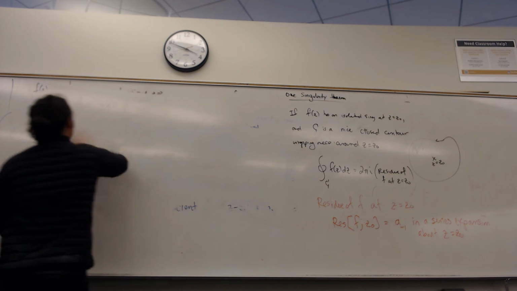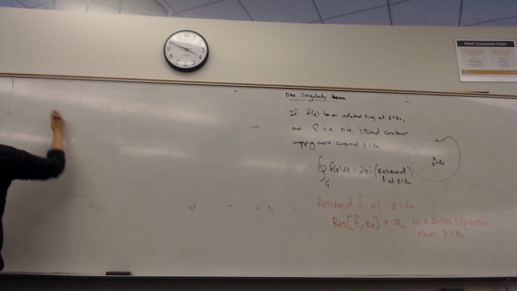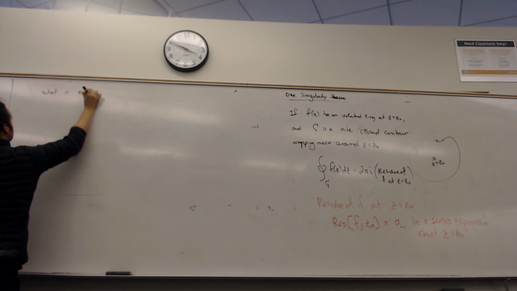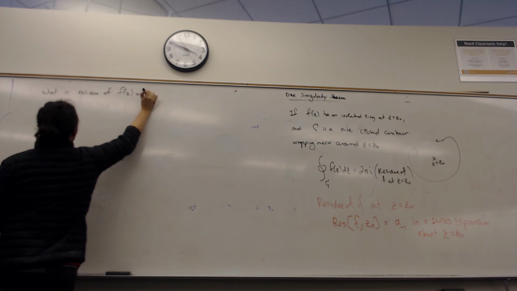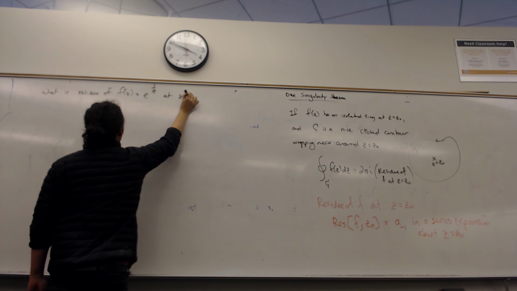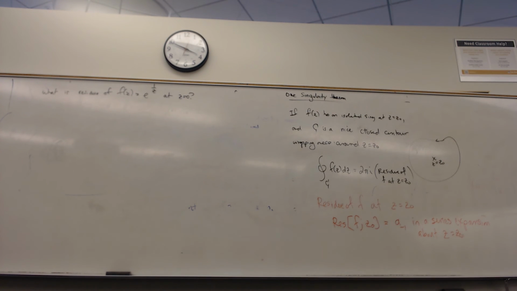Okay, so here's a question that sort of combines all these ideas together. What is the residue of f of z equal to e to the 1 over z at z equal to 0? Now that's an essential singularity this time, not a pole.